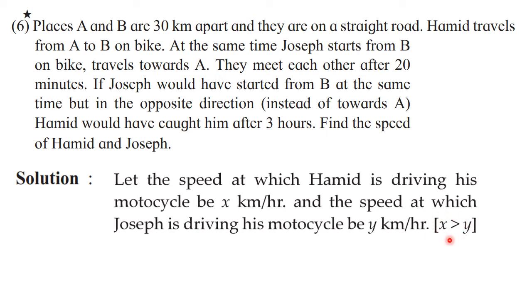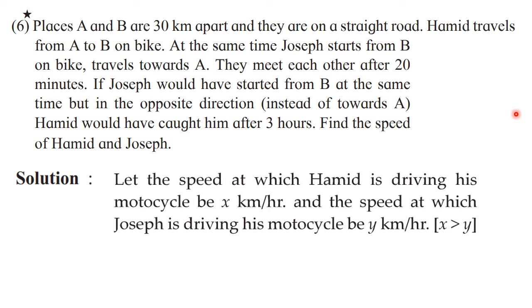Now here you need to write down that x is greater than y. See, because Hamid is starting from A and Joseph is starting from B, and in the second condition, when they are driving in the same direction, Hamid is going to meet Joseph. That means what? If the speed of Hamid is less, then they will never meet each other if they are going in same direction.